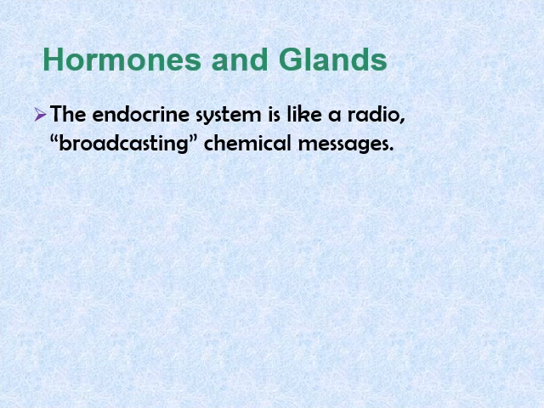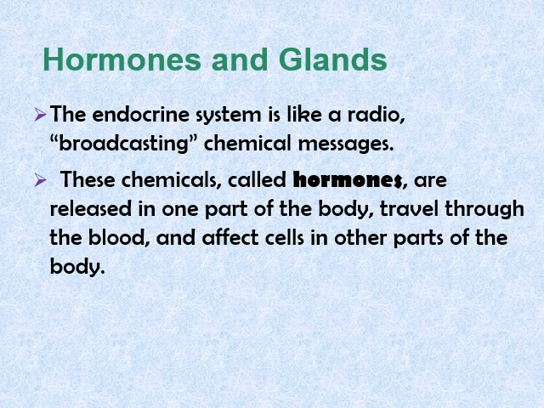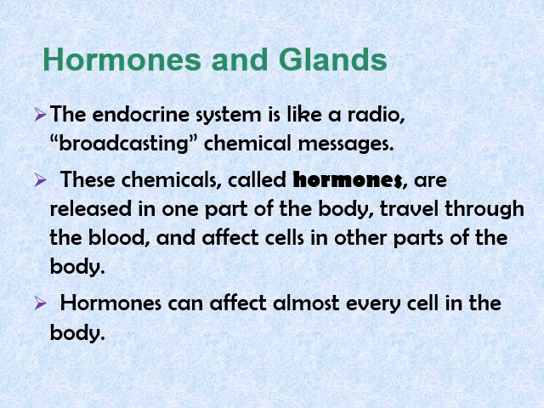The function of the endocrine system is analogous to the way radio works. It broadcasts chemical messages through chemicals known as hormones. The hormones are released into one part of the body, travel through the blood, and affect cells in other parts of the body, especially the target areas of each hormone. Hormones can affect almost every cell in the body.